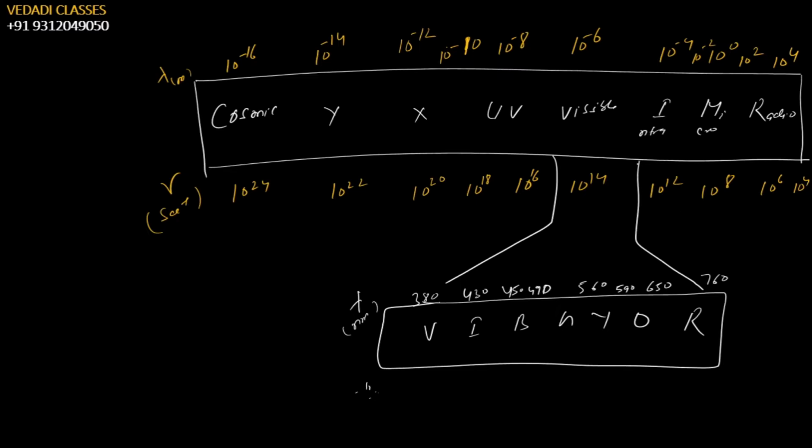Now I will just move on. The question is very direct. Questions will come from the formula, and the formula we have is c = nu into lambda. There is wave number equal to 1 by lambda, and time period equal to 1 by nu.